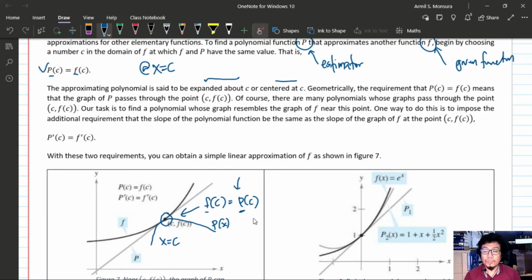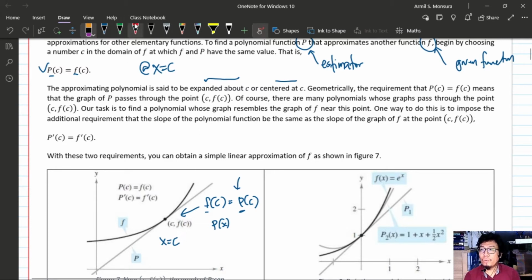Our task is to find a polynomial whose graph resembles the graph of f near this point. We would like our approximating polynomial to be almost of the same shape as that of your given function, at least near C.